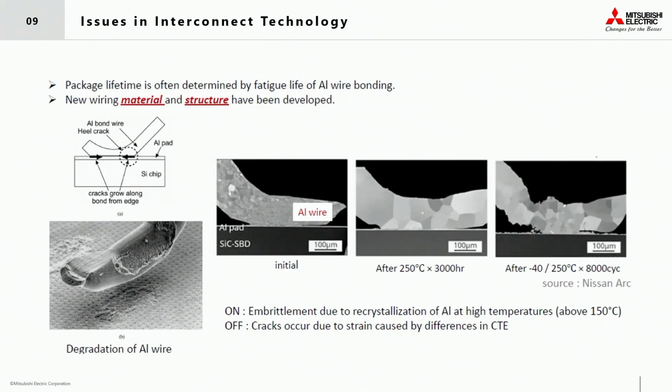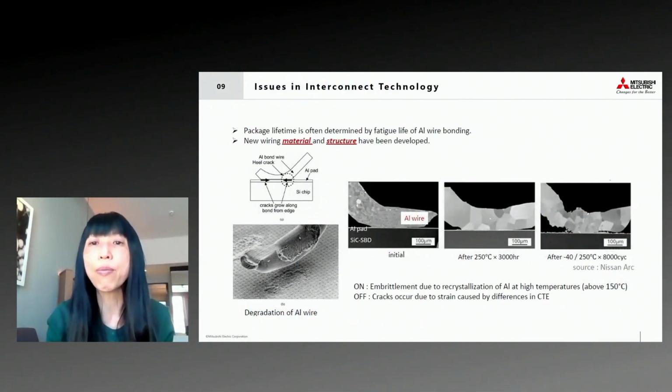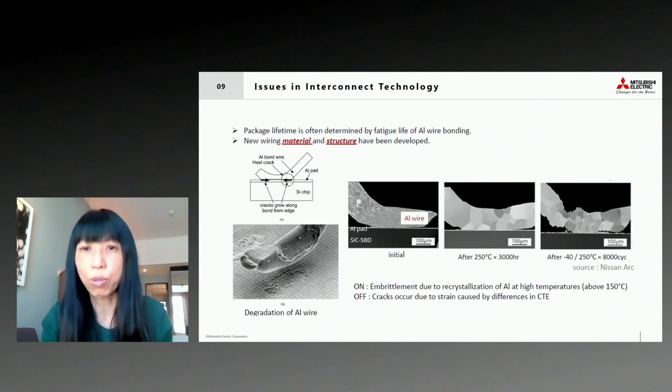One of the advantages of silicon carbide is its ability to operate at high temperature. Taking advantage of this, higher junction temperatures, such as 150 to 175 degrees Celsius, are being required. However, above 150 degrees Celsius, aluminum could recrystallize, and the crystal becomes larger, resulting in a strength drop.